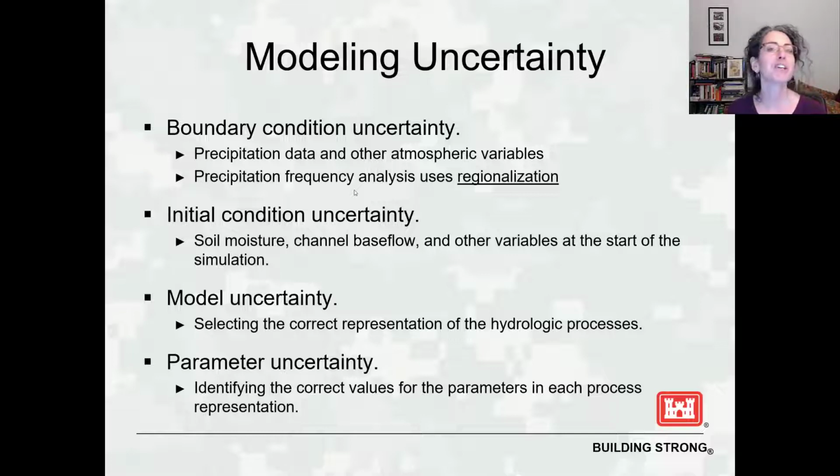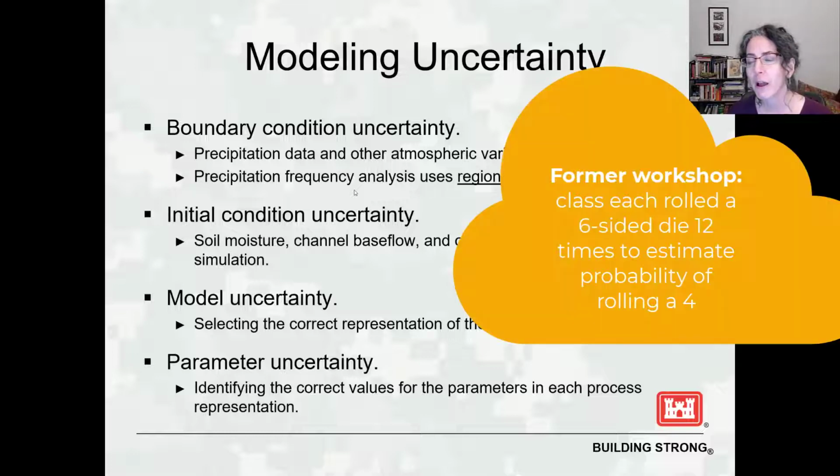So we can consider regionalization by thinking back to workshop 2.3 at the beginning, when each of you was rolling a 6-sided die 12 times to estimate the probability of rolling a 4. So if we were doing this class in HEC's classroom together, you'd have all been rolling an identical 6-sided die. With an identical 6-sided die, we would have assumed that the probability distribution you were each trying to estimate was the same.